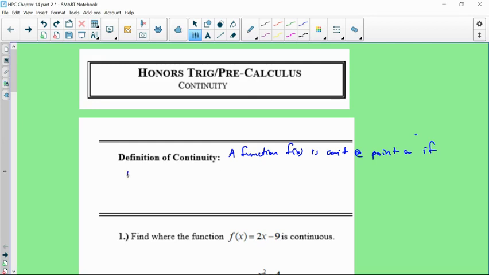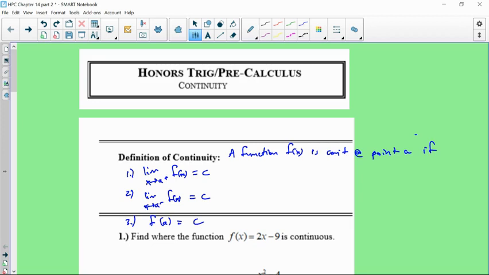One, the limit as x approaches a from the right of f of x equals some c value. Two, the limit as x approaches a from the left of the function equals the c value. And three, f of a does equal c.